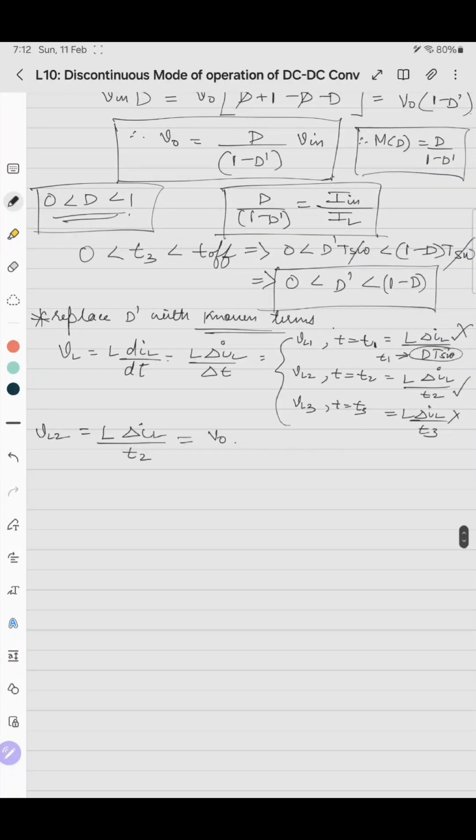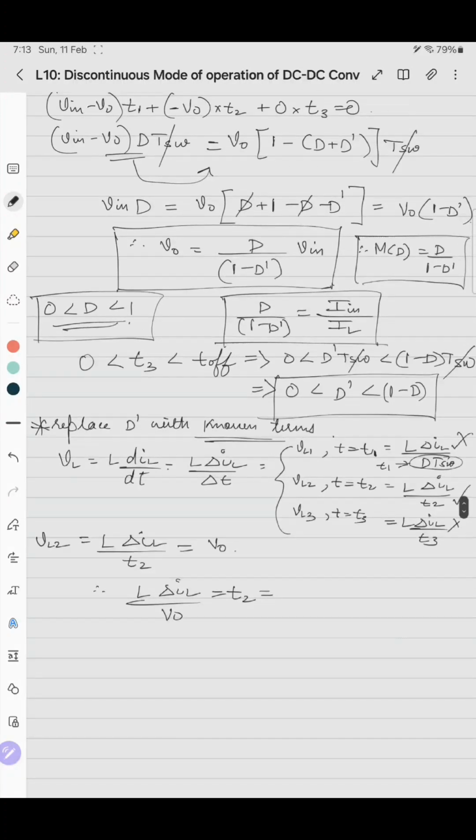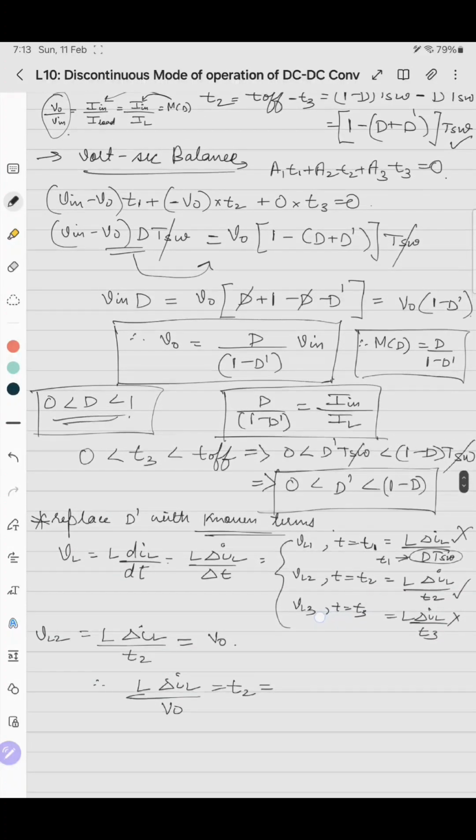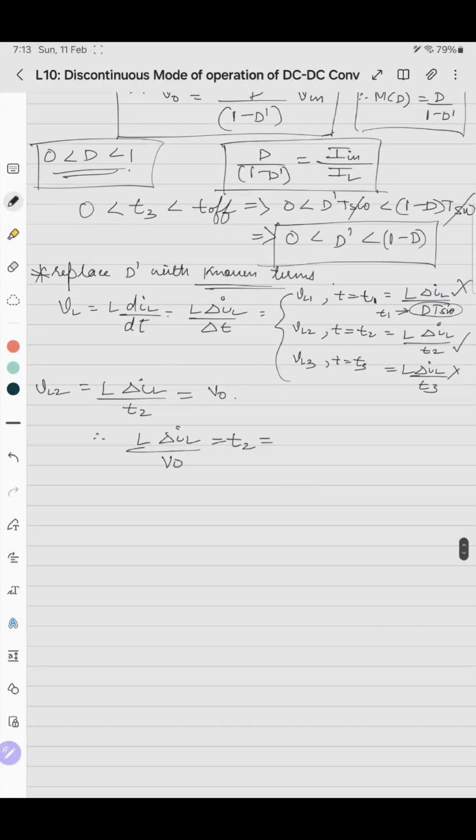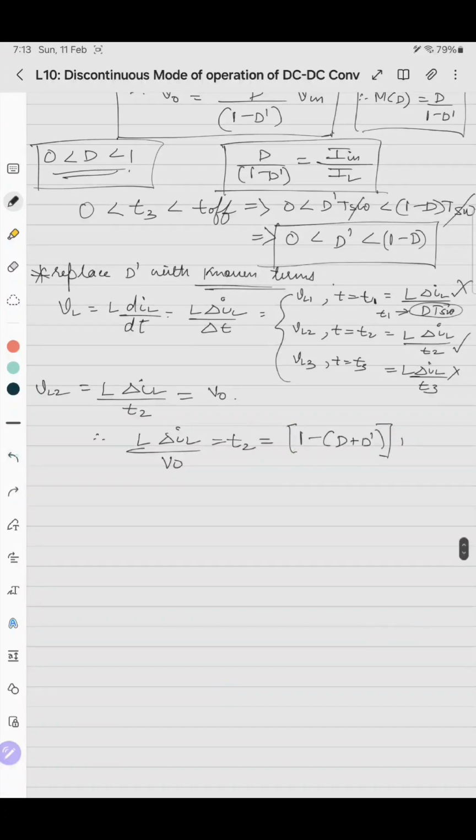So L into delta IL by V0 equals T2, where T2 is this whole expression, 1 minus D plus D dash into T switching, or we can write divided by F switching.